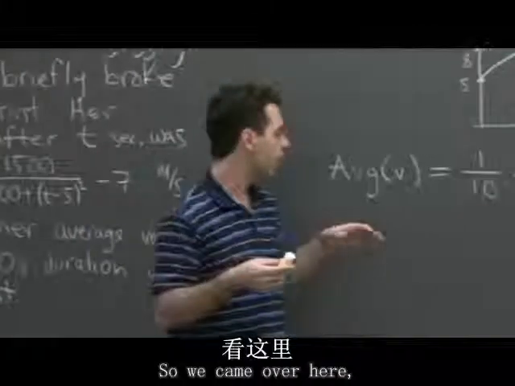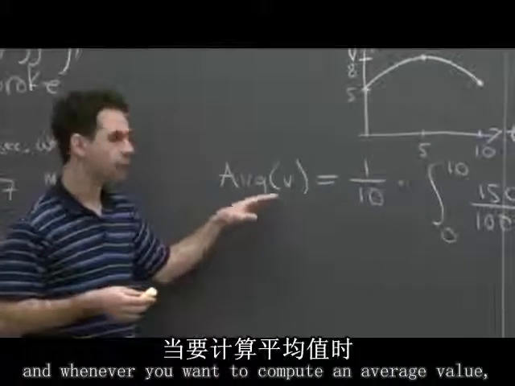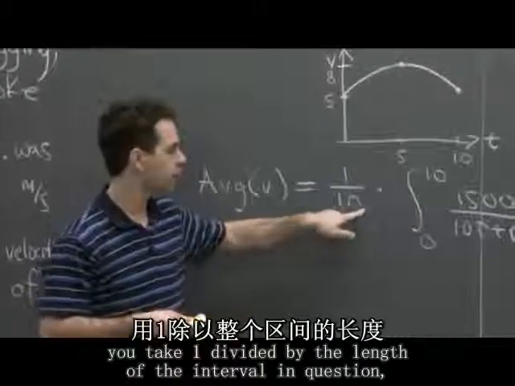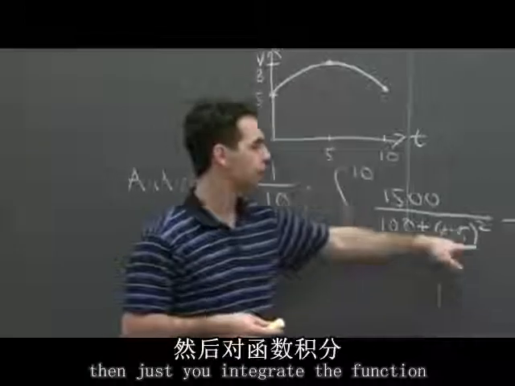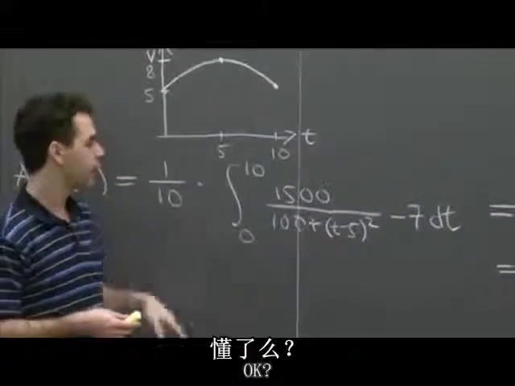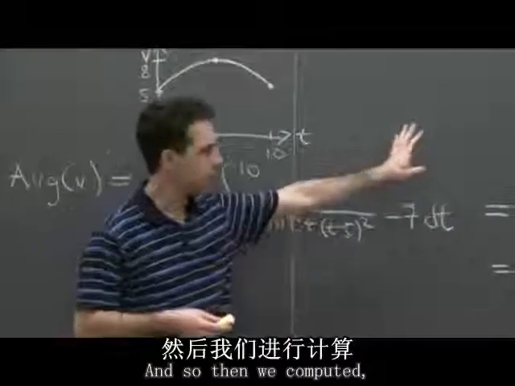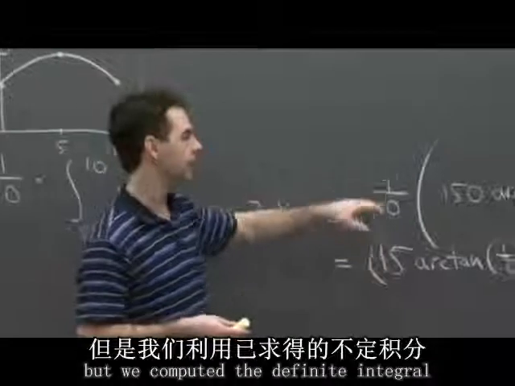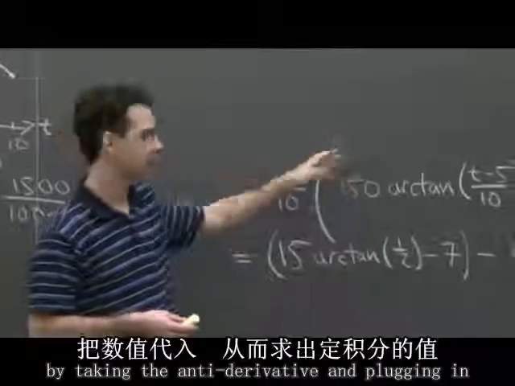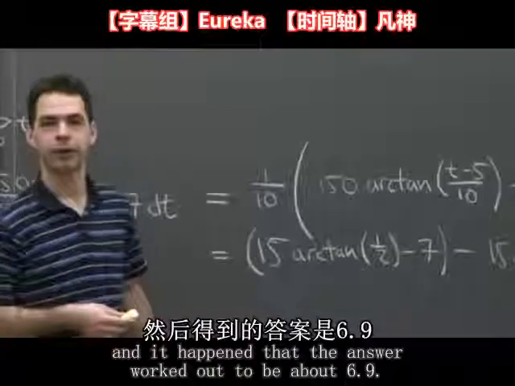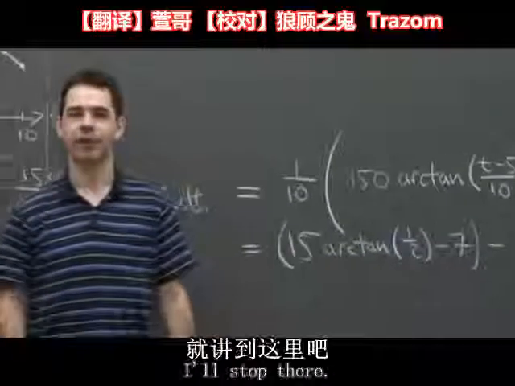Whenever you want to compute an average value, you take 1 divided by the length of the interval in question times the integral of the function whose average value you want over the interval. And then we computed the definite integral by taking the antiderivative and plugging in. It happened that the answer worked out to be about 6.9. So there you go. I'll stop there.